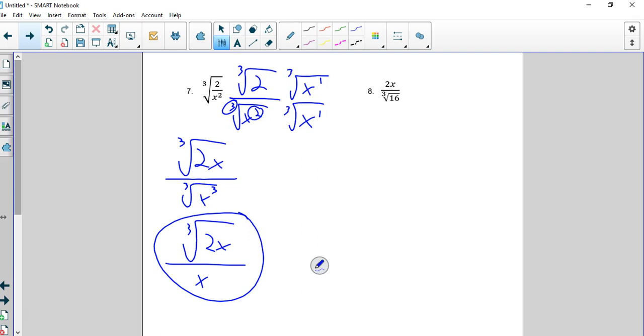Okay, 16. What you've got to think about is cube root of 16 as 4 times 4, or 4 squared. And we need 3 of them to come out. So what we really need underneath there is 4 times 4 times 4. So what we're going to do is multiply the top and bottom by the cube root of 4. Because again, we already have 2 of them, we need a third one.